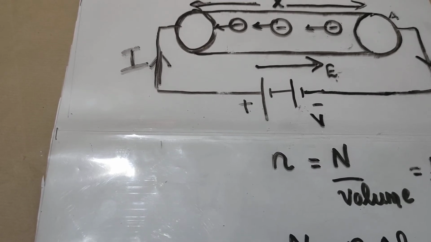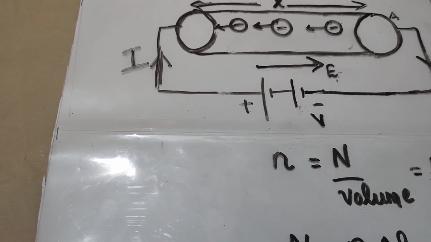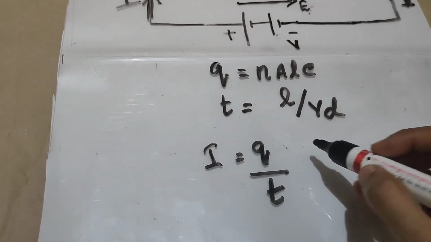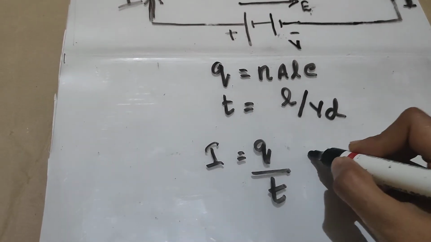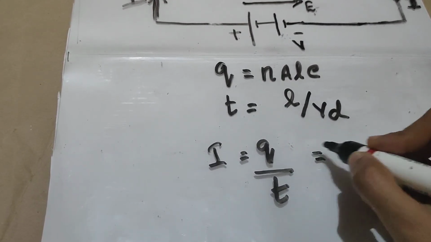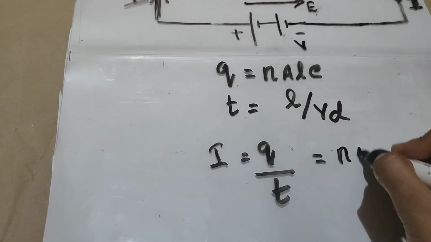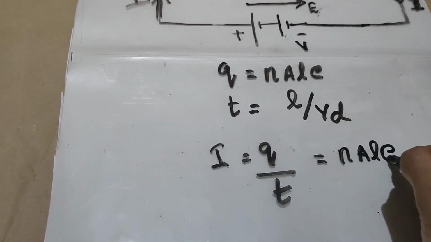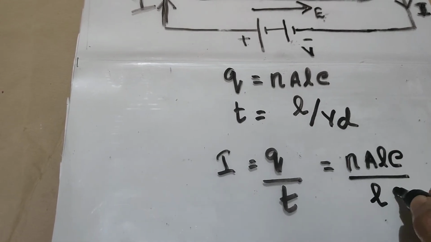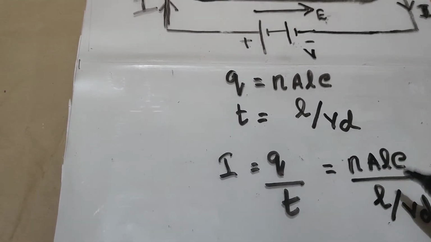Let us substitute the values of Q and t in this equation. So I is equal to Q, which is nALe, divided by time, which is L by Vd.